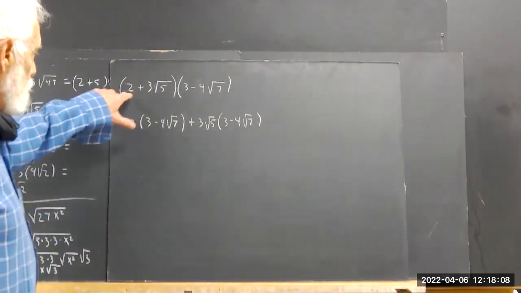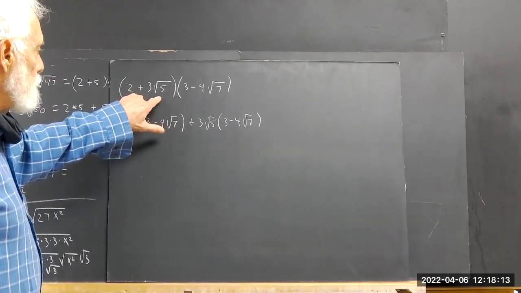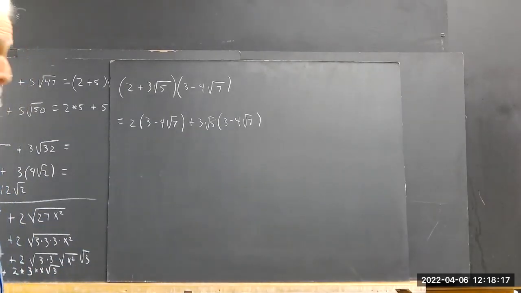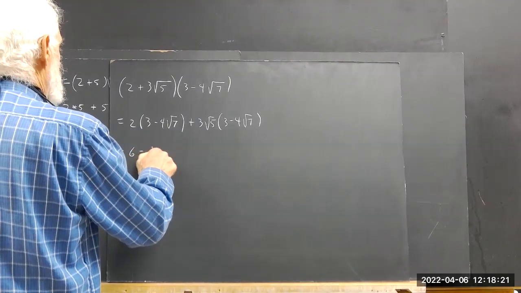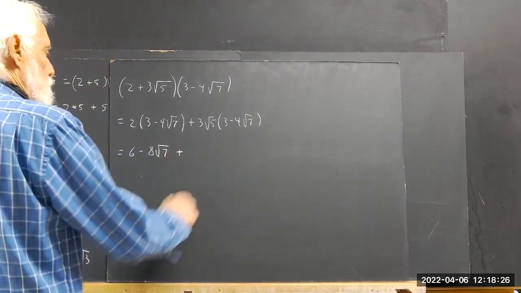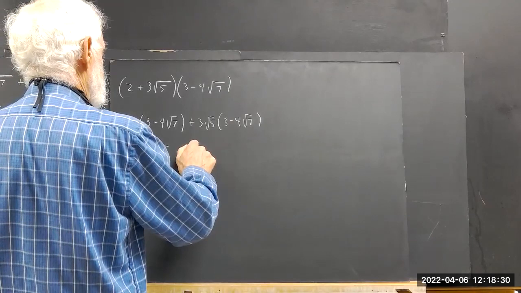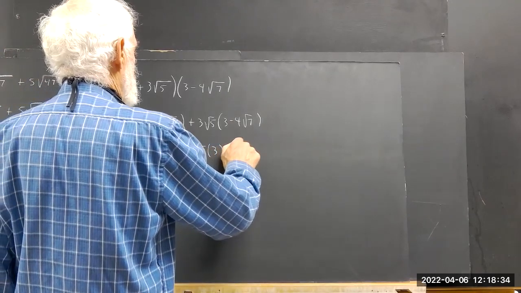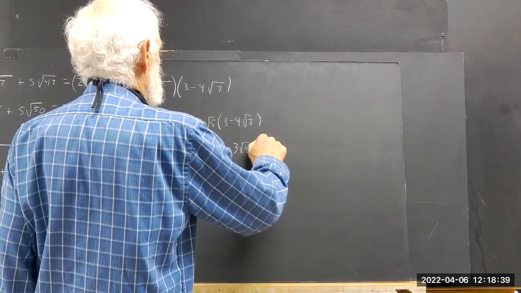So that's real straightforward. 2 times this plus 3 square root of 5 times this. Okay. Then we multiply the terms. We get 6 minus 8 square root of 7. And then we get 3 square root of 5 times 3 minus 3 square root of 5 times the square root of 7.